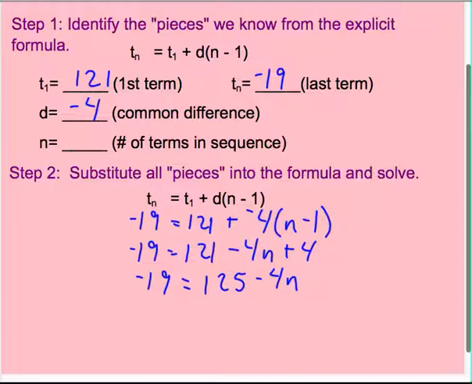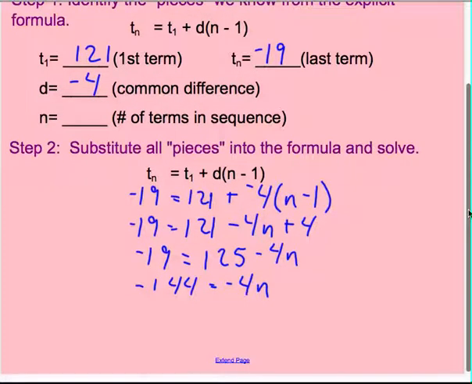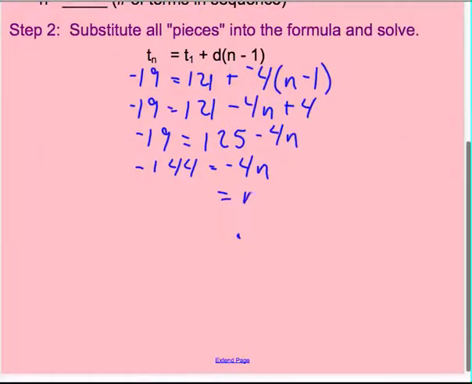Subtracting 125 from both sides. And then dividing both sides by 4. I'm getting 38. So it looks like there are 38 terms in our sequence.